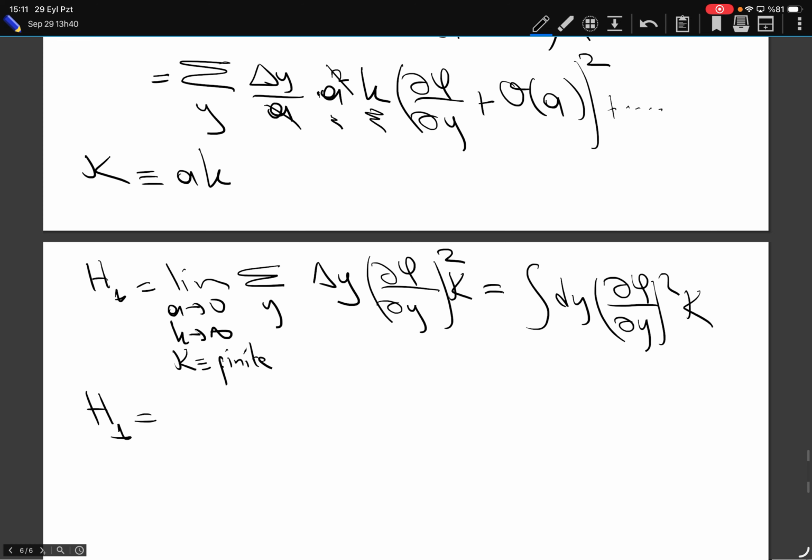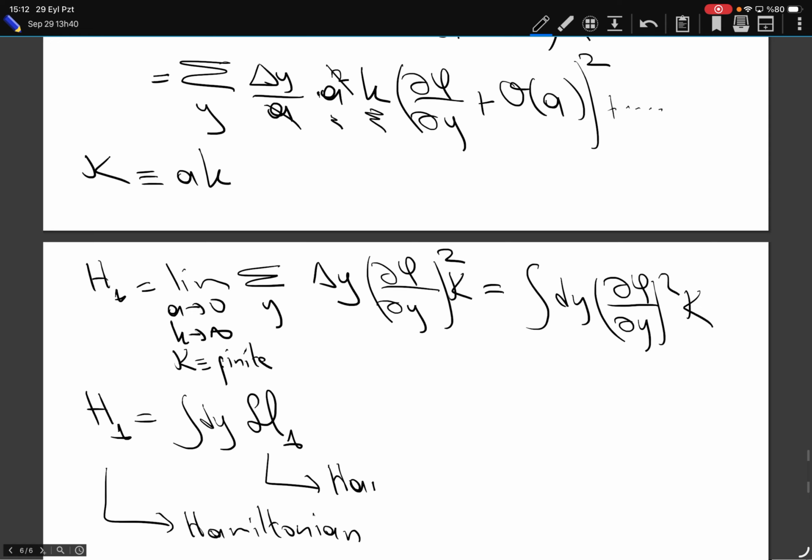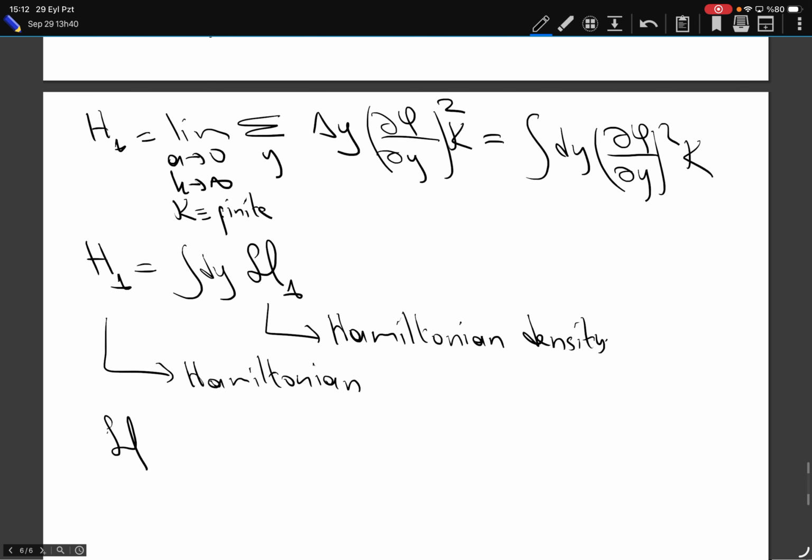I say this is one dimension, so I'm writing it as the integral over that one dimension of the so-called Hamiltonian density. So this is the Hamiltonian, and this is my Hamiltonian density. My Hamiltonian density turns out to be some constant times the derivative squared. This is for H1.